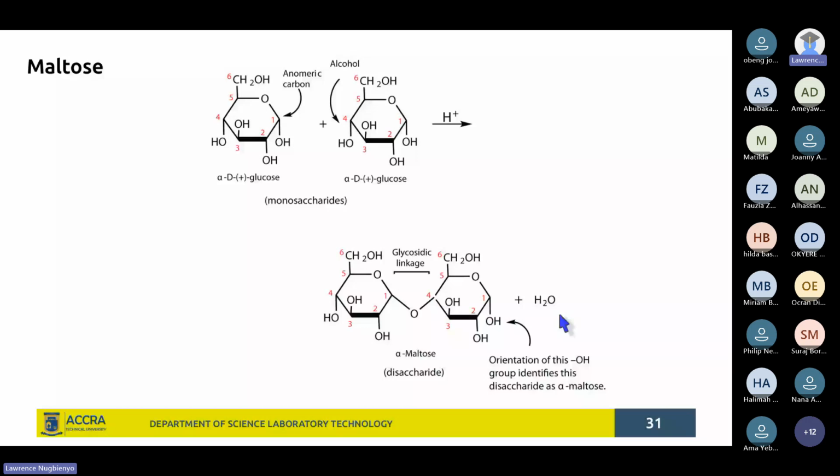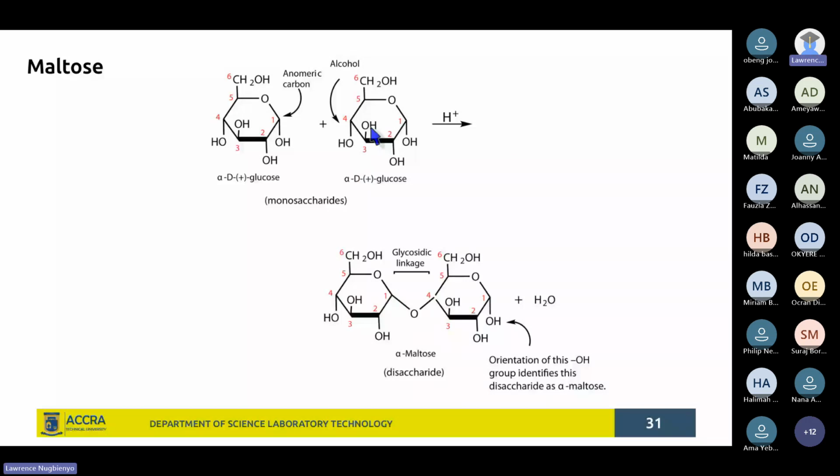But if it was a ketose, then it was a hemiketal. So when you see the hydroxyl group on the anomeric carbon coming to react, it is reacting as a hemiacetal, whilst that hydroxyl group on carbon number 4 of the second glucose molecule is acting as an alcohol. You see that reaction, it may look to you as if maybe some acid-base reaction because there's some water formation there, but that's not what it is.